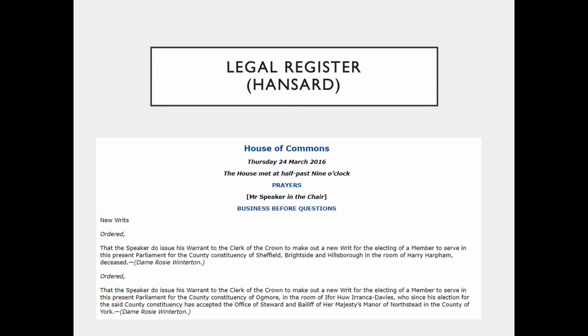Okay, so looking at one particular type of register, this is a legal register, and this is from Hansard, which is the book where everything that has been said during the proceedings of our Houses of Parliament is put down.